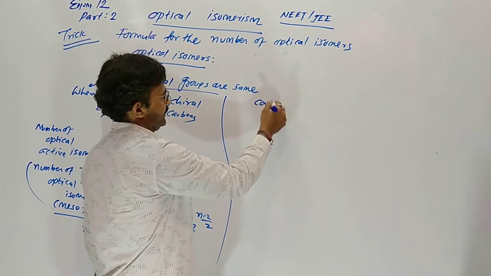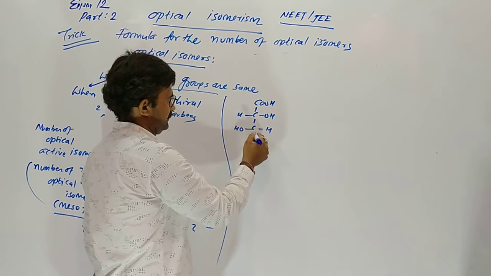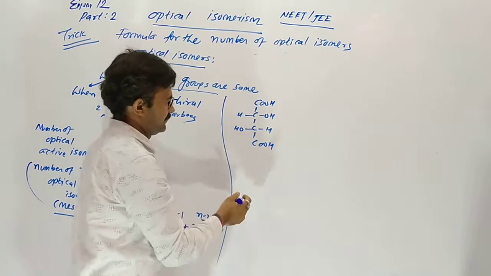So now I am giving an example. Tartaric acid, once again. Find out the number of chiral carbons.